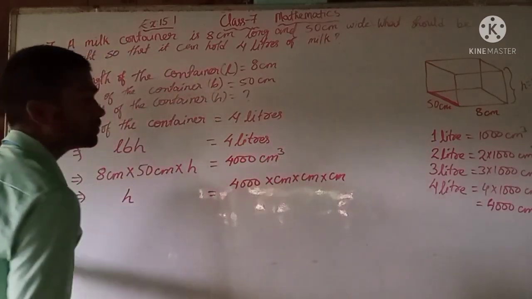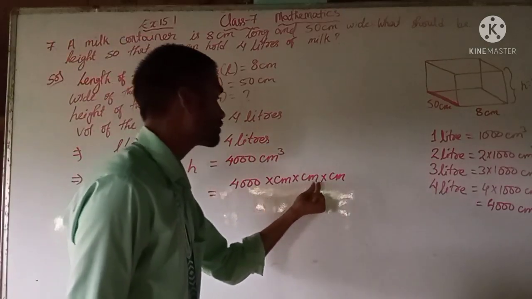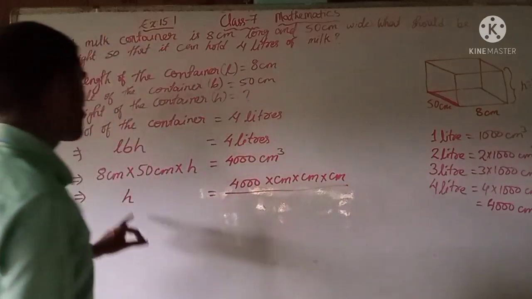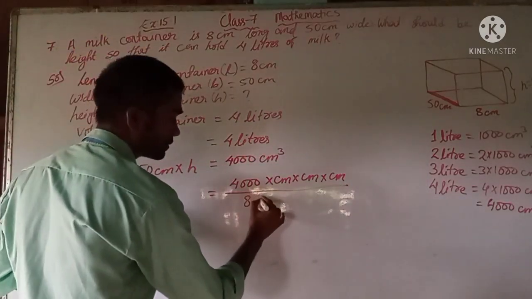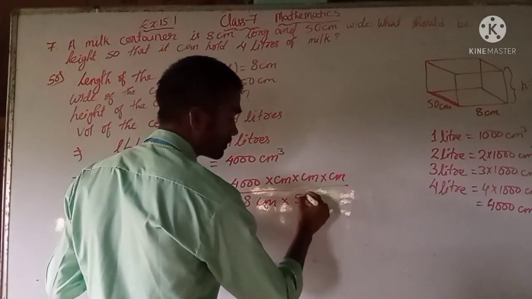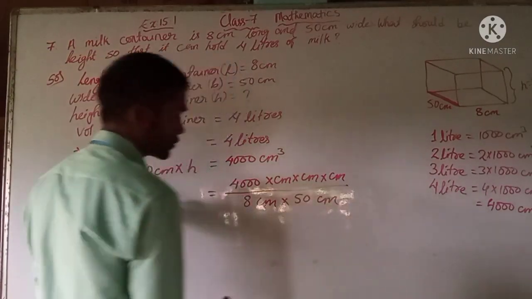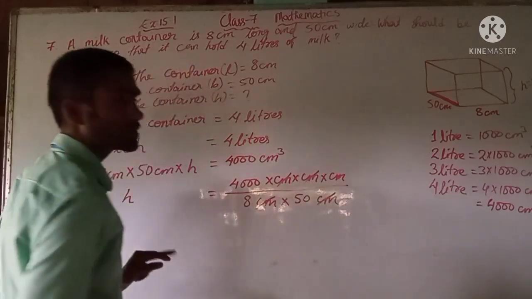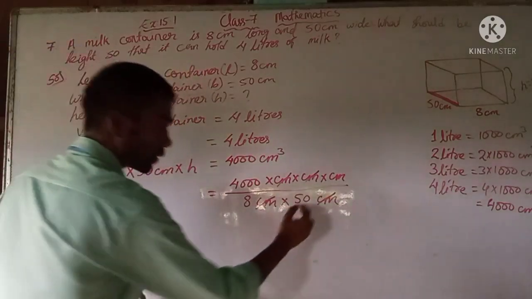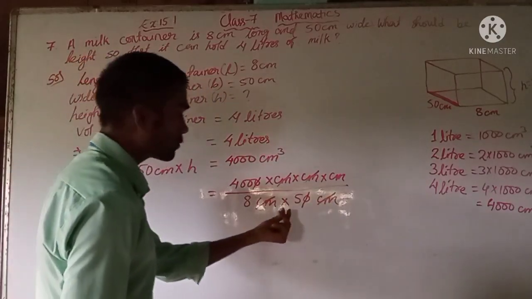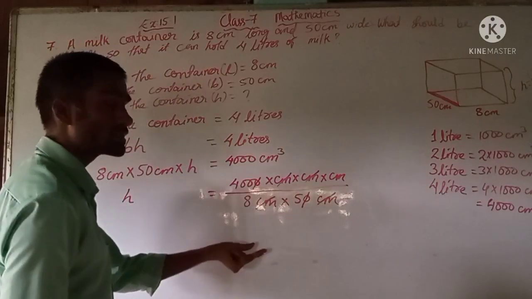This centimeter cube, we are splitting it into centimeter into centimeter into centimeter, divided by 8 centimeter into 50 centimeter. From here centimeter, centimeter, again centimeter and centimeter, we can cancel it. Now 1 zero from here and 1 zero from here, we can cancel it, since all are multiplied, so we can cancel them.